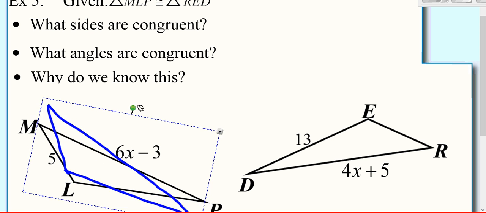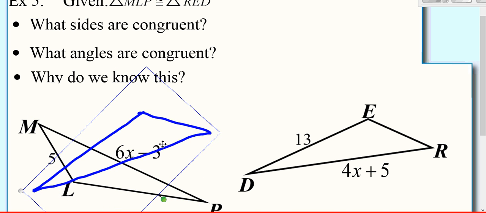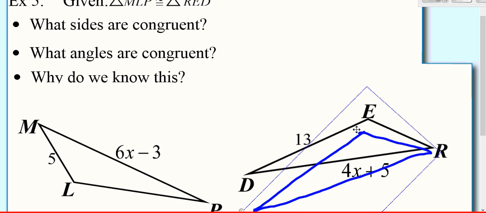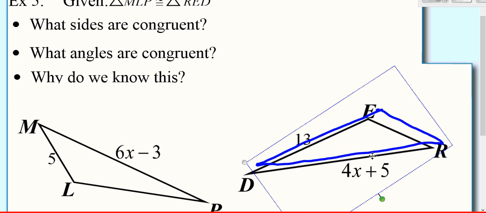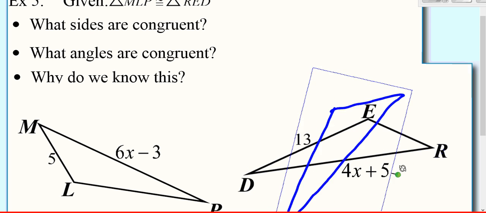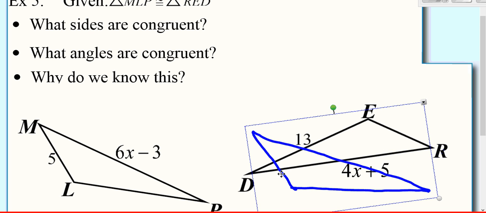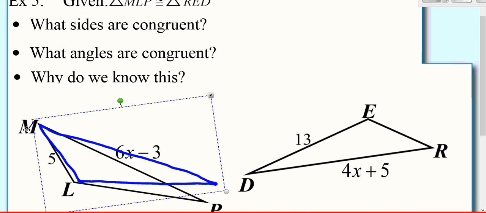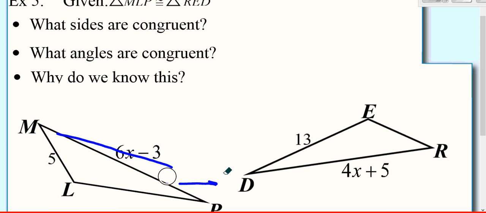So here you can see how it's a rotation. That's pretty close. And that matches up. So that's the rotation. So that means that angle M, when you rotate it around, is going to go with angle R. L is going to go with E. I'm going to color code all of these real quick.